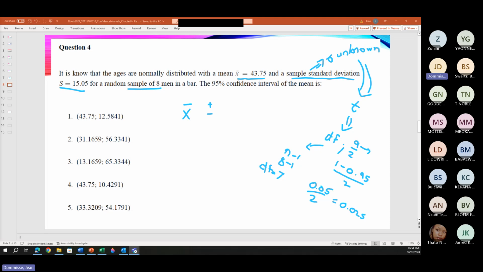Sorry about that. Okay, so we've got degrees of freedom of 7, and we've got the significance level that we're going to check. So let's go to the T table. Let me just quickly open that.